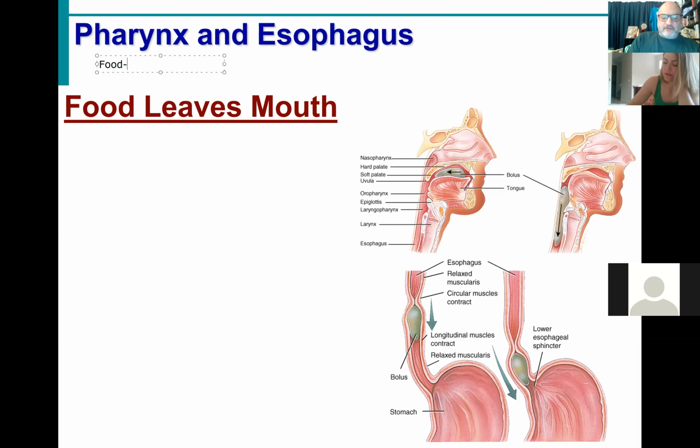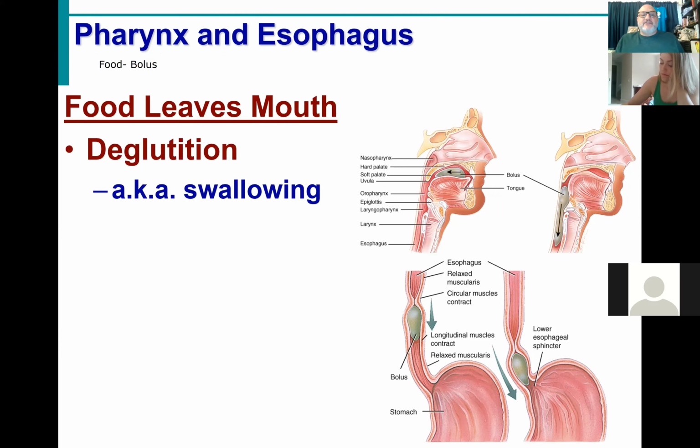The first one is to be converted from food into that substance we call bolus, where we have masticated the food and mixed it with the saliva into that nice big goopy mess. And then our next function is going to be to propel that bolus down towards our stomach in a process that we commonly refer to as swallowing, but the appropriate anatomical term for is deglutition.